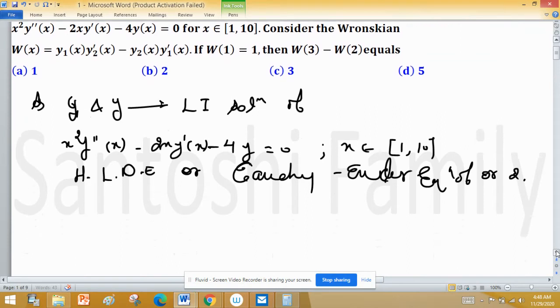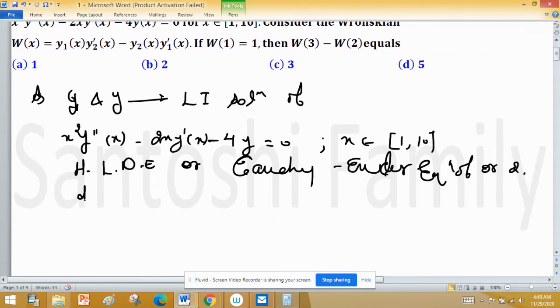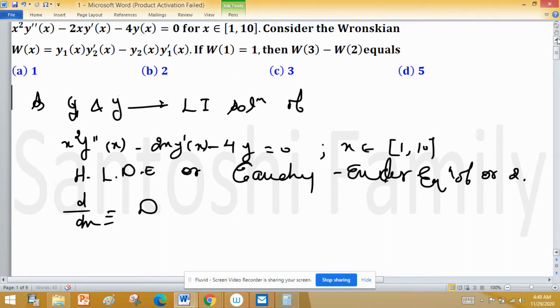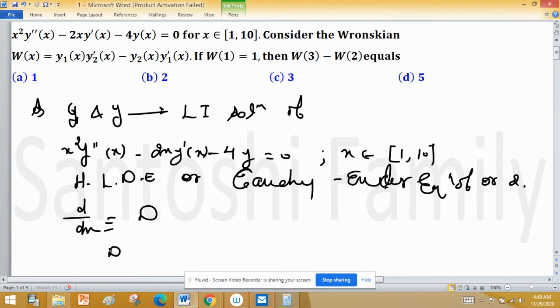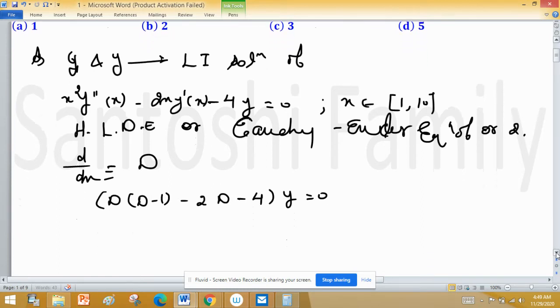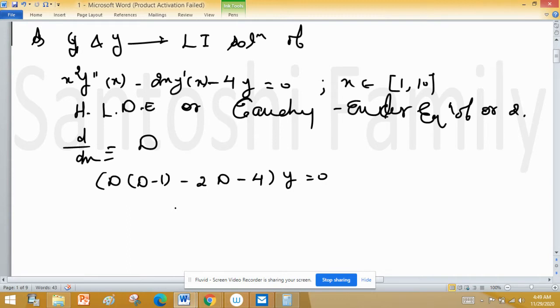Then its auxiliary equation, or we can write, if we use this substitution, then the differential equation can be written as the following. Now this is another form of the differential equation.